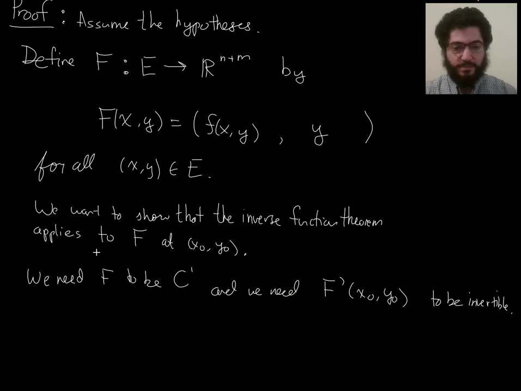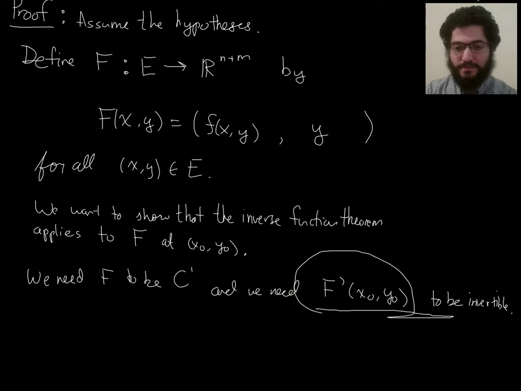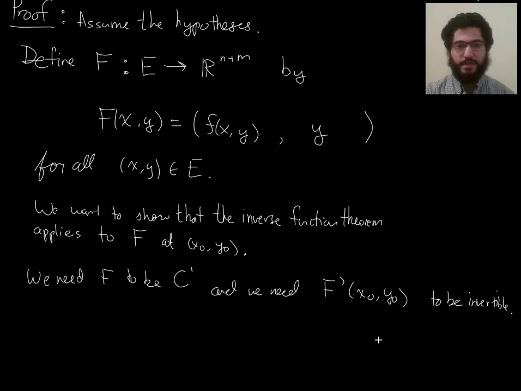Okay, so I think I will split this into two videos. One video showing that capital F is C1, and one video showing that the derivative at x naught, y naught is invertible. And then the following videos will make use of the inverse function theorem, which we can then use.